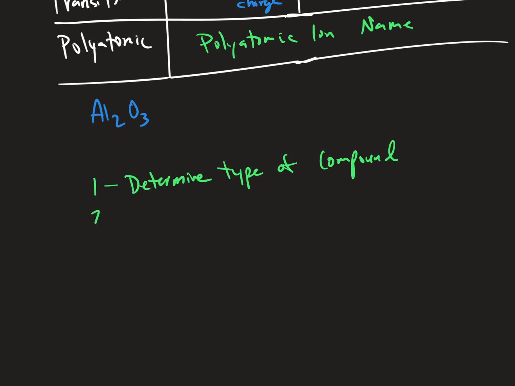Okay, step 2. Write cation first and anion second. We'll write the name of the cation first and then the name of the anion second. That's it. Good enough?